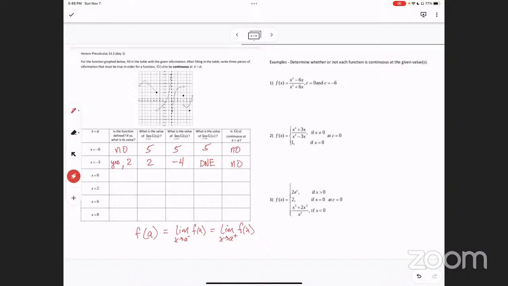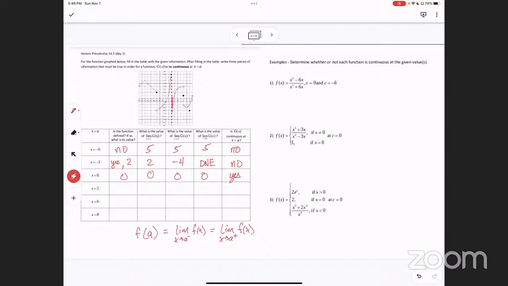How about at 0? Let's look at 0. Do we have any problems at 0? No, we have no problems. So basically all of these are 0, 0, 0, 0, 0, and yes, it's continuous. How about at 2?